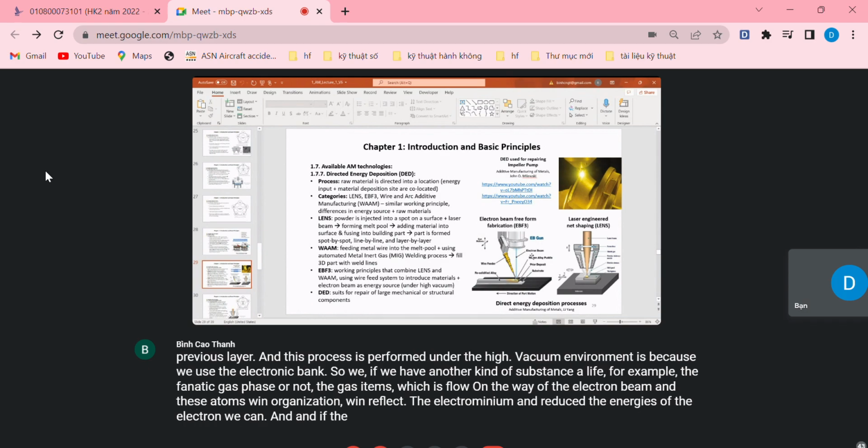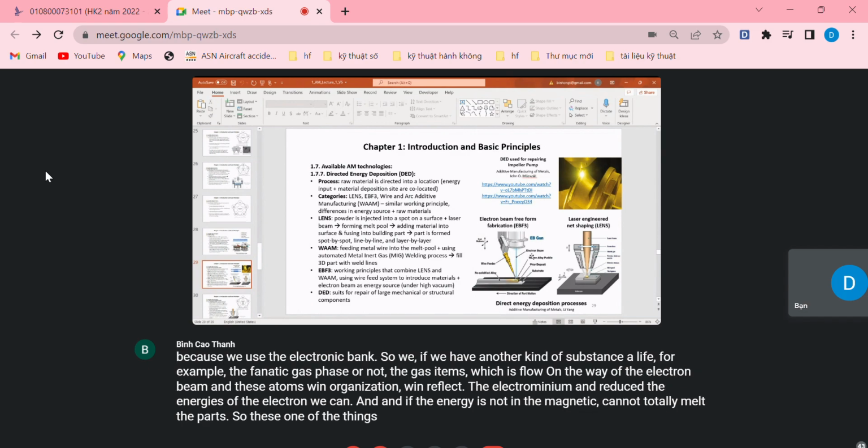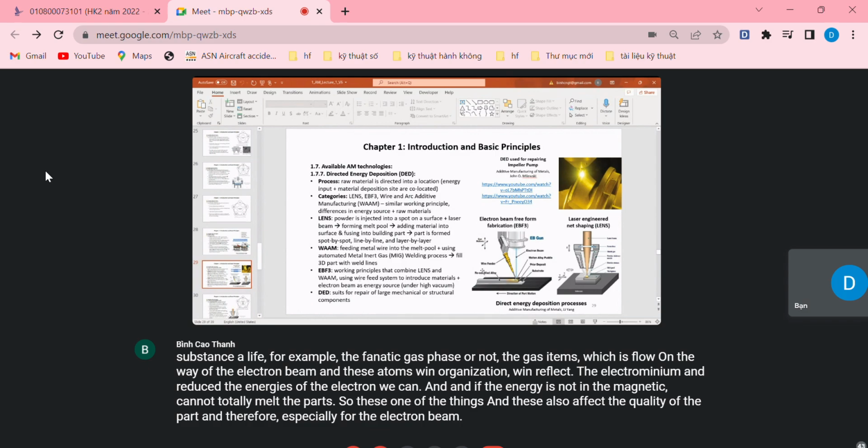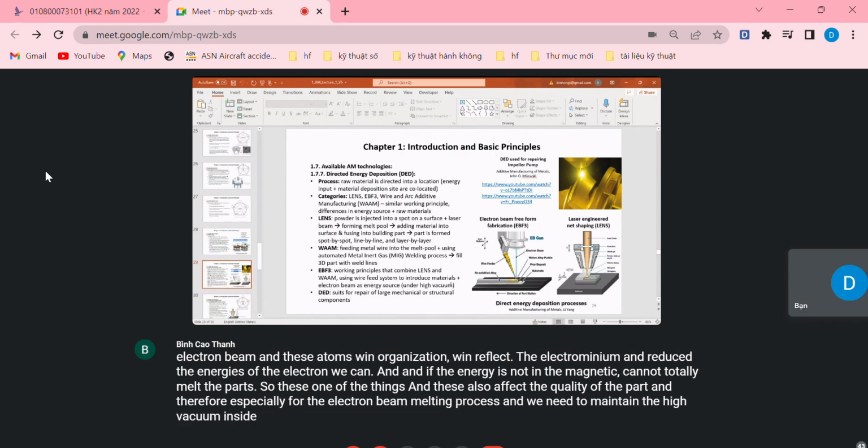If the energy is not enough, it cannot totally melt the powders, and this also affects the quality of the part. Therefore, especially for the electron beam melting process, we need to maintain a high vacuum inside the building chamber.